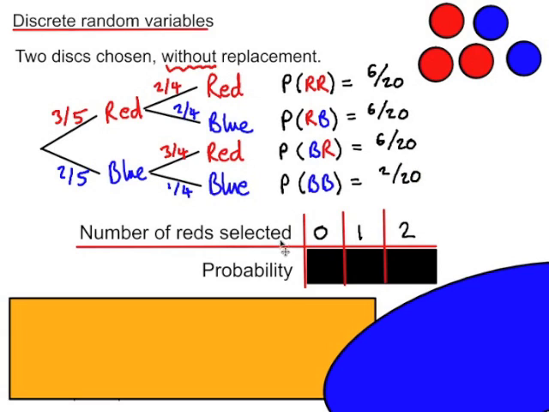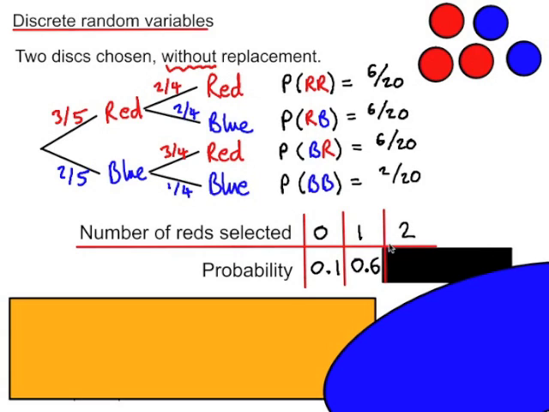Now, if we just consider the number of reds selected each time, the probability of selecting 0 reds is 0.1. The probability of selecting 1 red is 12 out of 20, or 0.6, and the probability of choosing 2 reds is 6 out of 20, or 0.3.